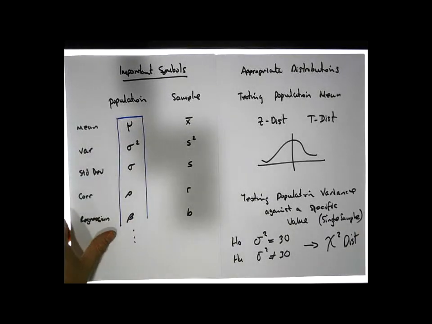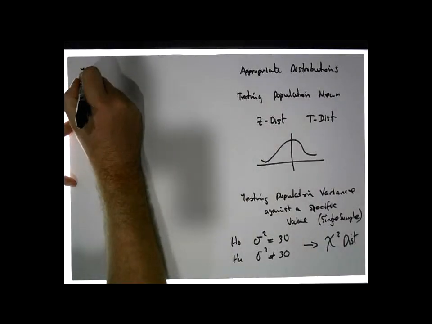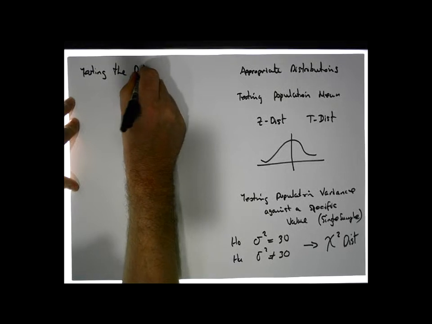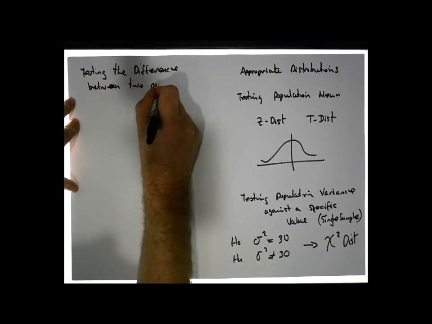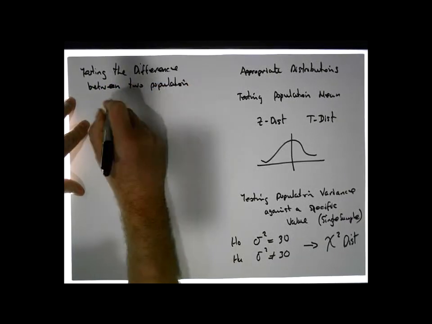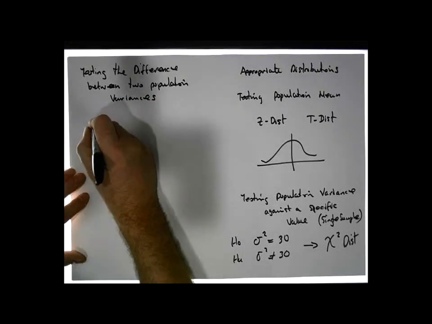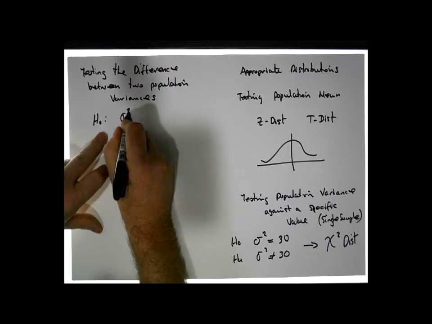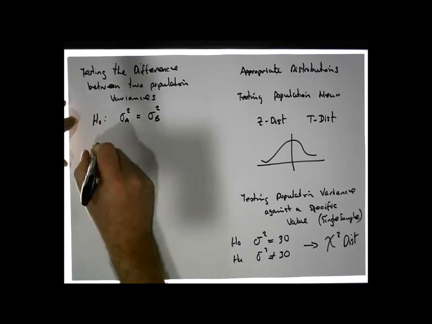If we want to test the difference between two population variances, the test distribution, so in other words, we have H0: we want to test whether sigma squared for group A is the same as sigma squared for group B. That's our null position, and we're going to assume that to be true.